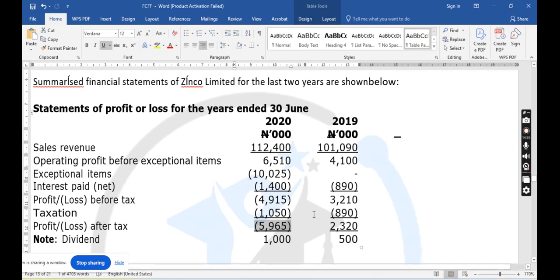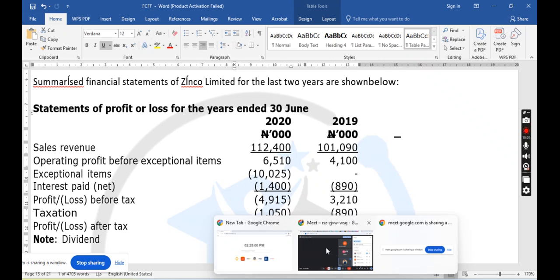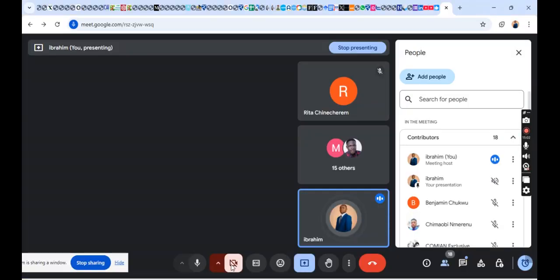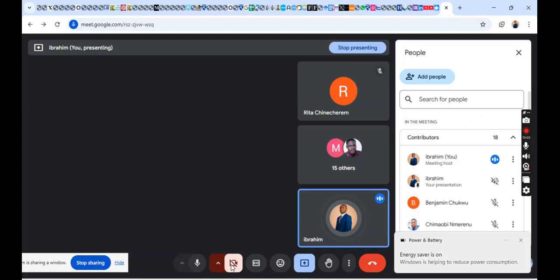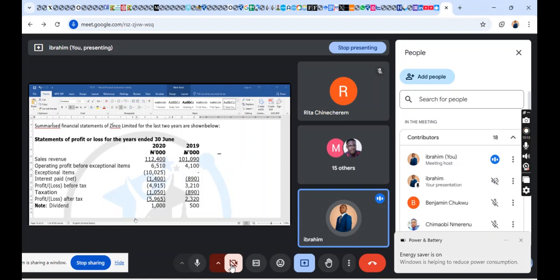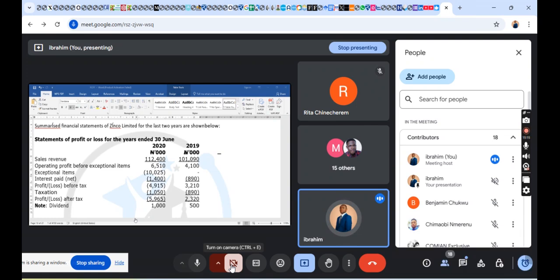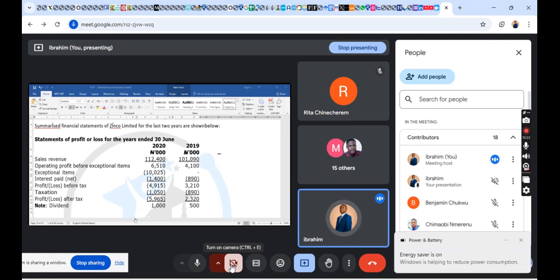When you are valuing a business, there are one-off items. One-off items are items that do not occur regularly, like restructuring. They will not form part of the basis of your valuation, because they do not occur in the business often. It is only when you feel you have to do these things that you will see them.